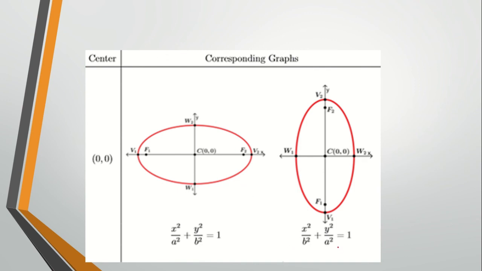Dito sa kabila, yung A squared natin, kasi ito yung mas malaki, at under siya sa squared variable y, yung ating ellipse ay patayo. So, tatandaan lang lagi, titingnan alin yung mas malaki. Nasa x squared ba? O nandun ba sa y squared? Pag nasa x squared, pahiga. Pag nasa y squared, patayo.